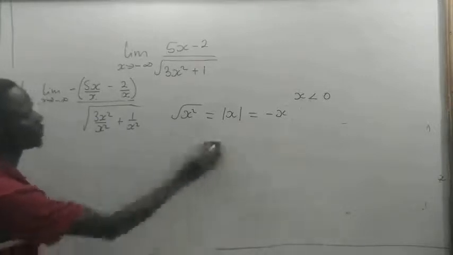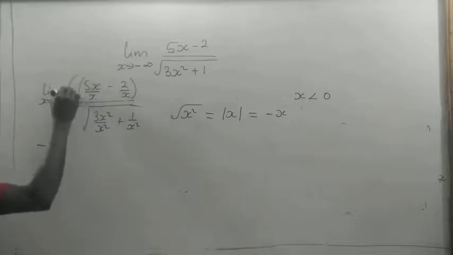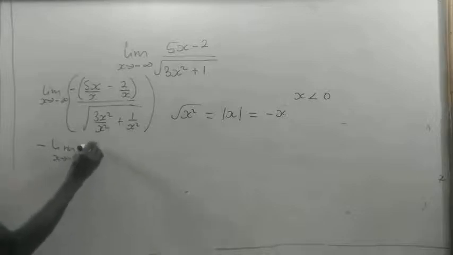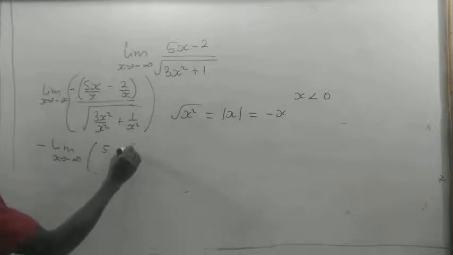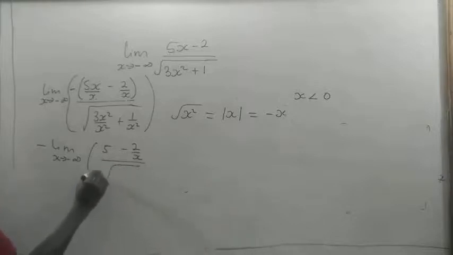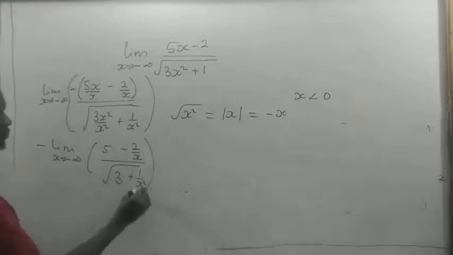So let's see what we are going to get. I can factorize the negative out to get negative times the limit as x approaches negative infinity of 5 minus 2 on x, all divided by the square root of 3 plus 1 on x squared.